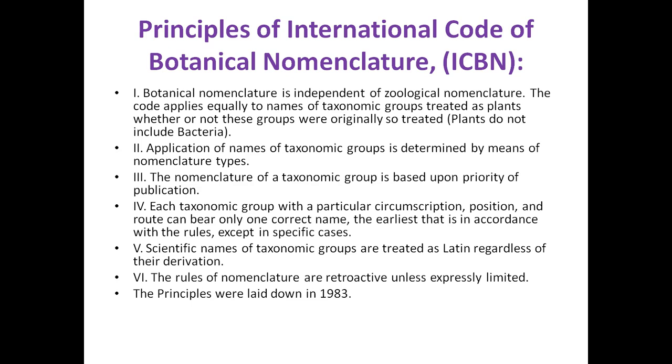And the second one is that application of names of taxonomic groups is determined by means of nomenclature types. So for each plant which is named, there is a nomenclature type. So the name of the plant is determined by the nomenclature type. That is the second principle. The third one is that the nomenclature of a taxonomic group is based upon priority of publication.